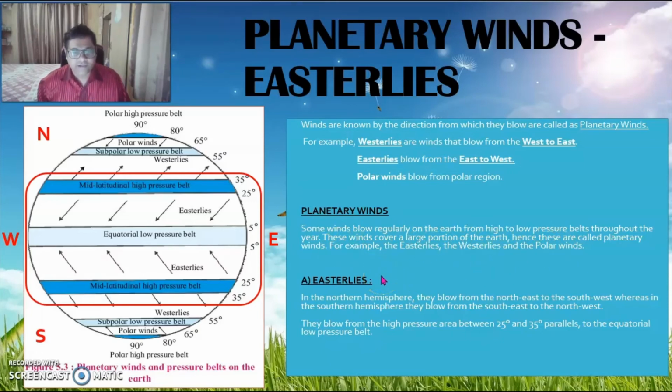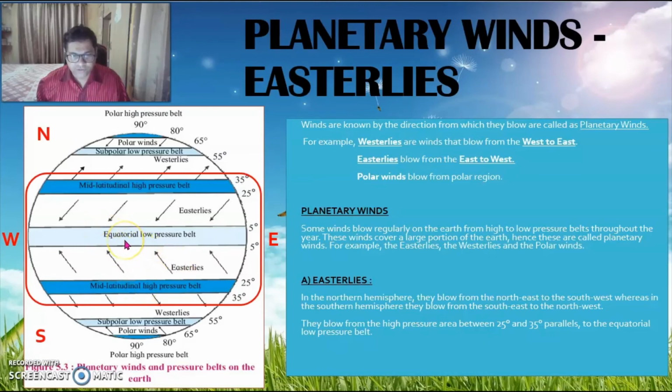First let us look at easterlies. That is this area, within this red marked space. In the northern hemisphere, they blow from northeast to southwest. Whereas in the southern hemisphere, they blow from southeast to northwest.